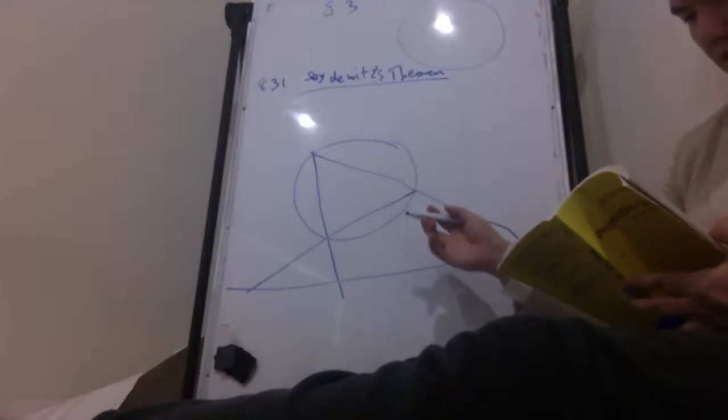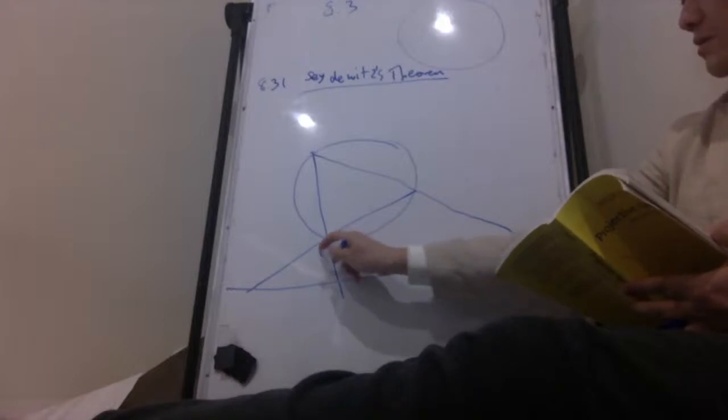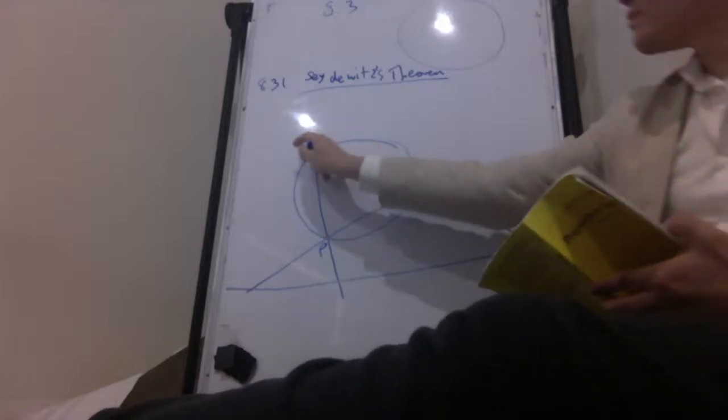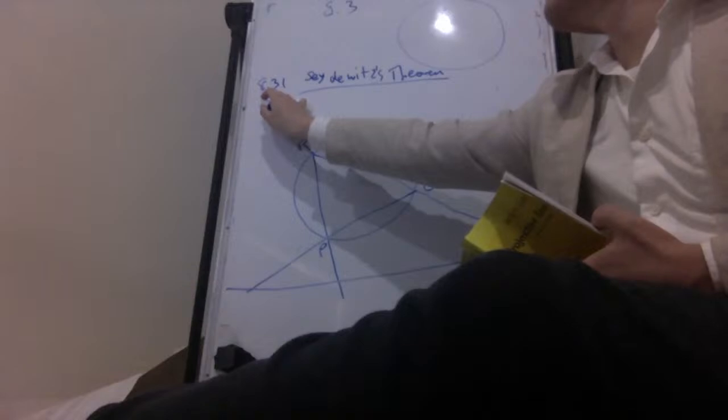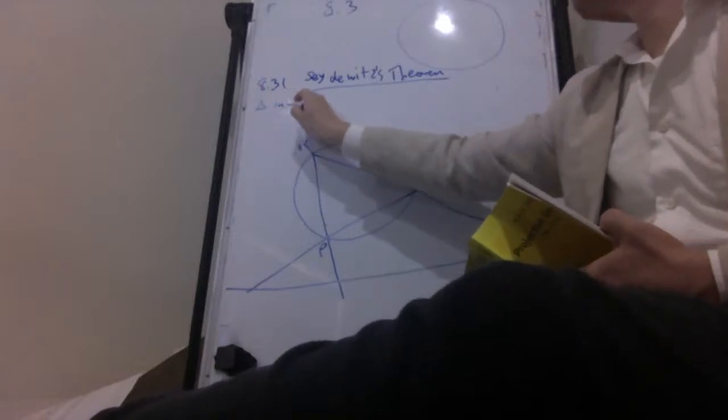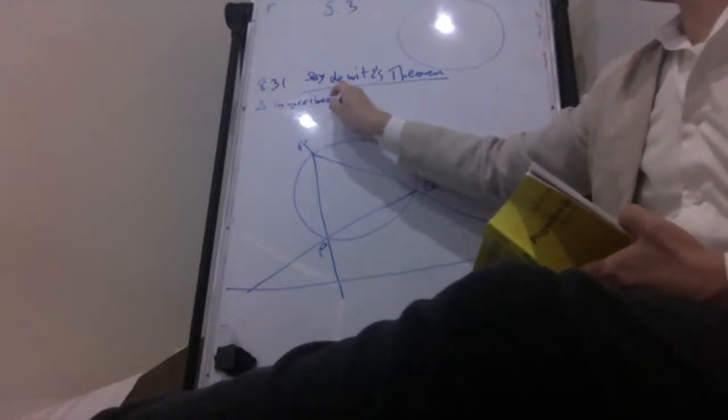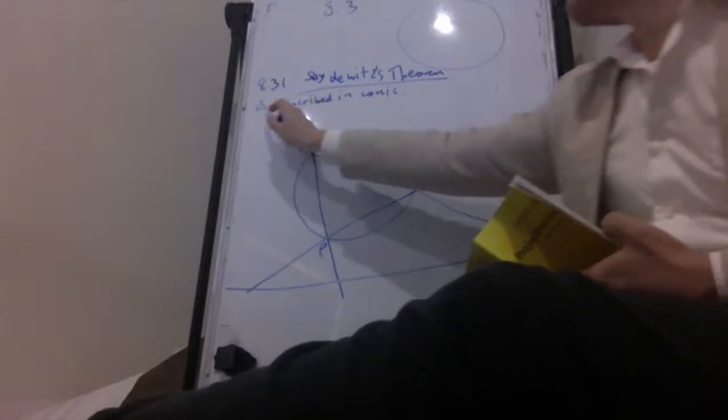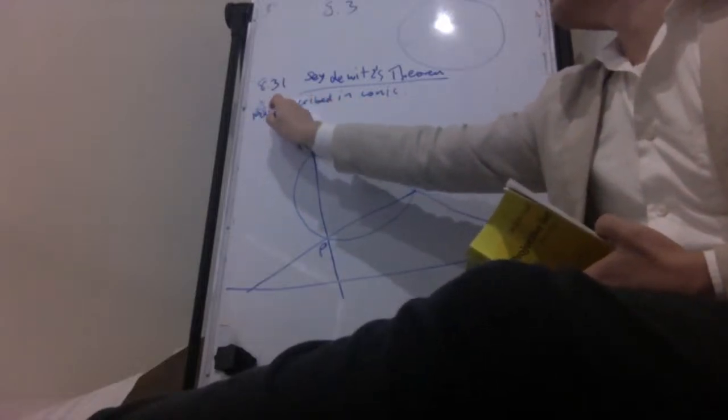So that's obviously the triangle. You have a triangle PQR inscribed in a conic.